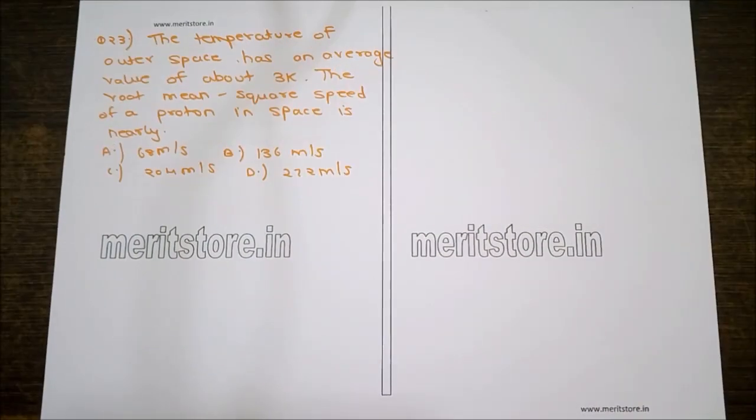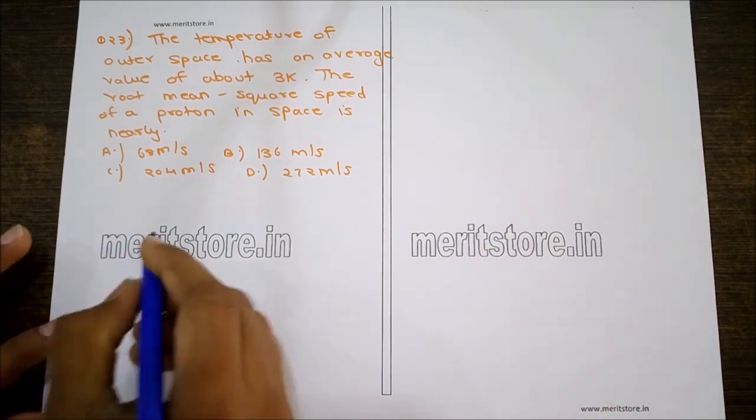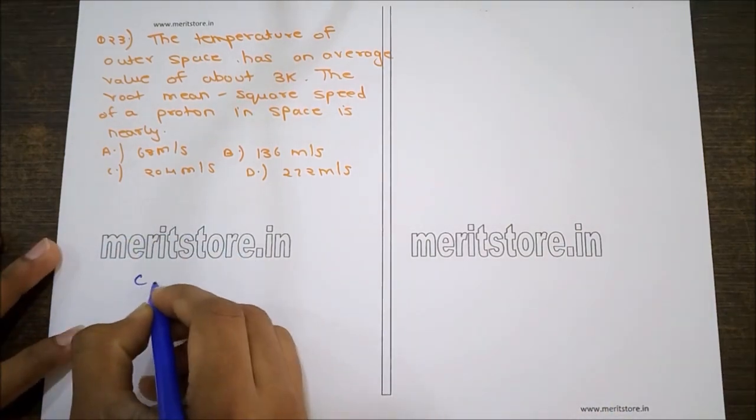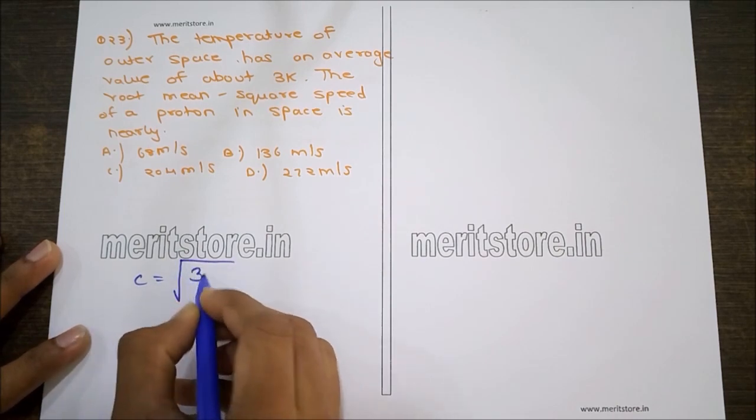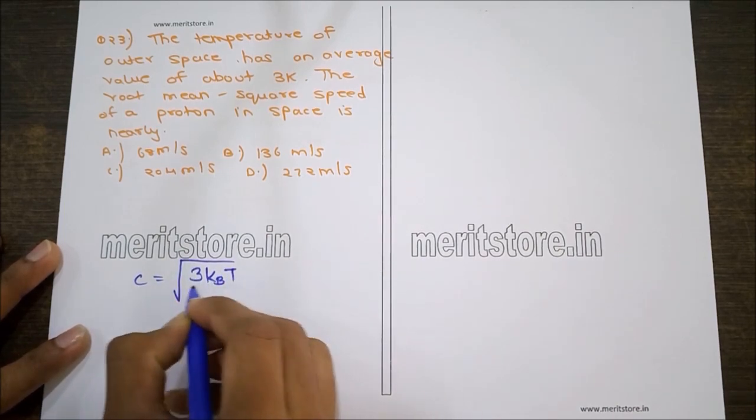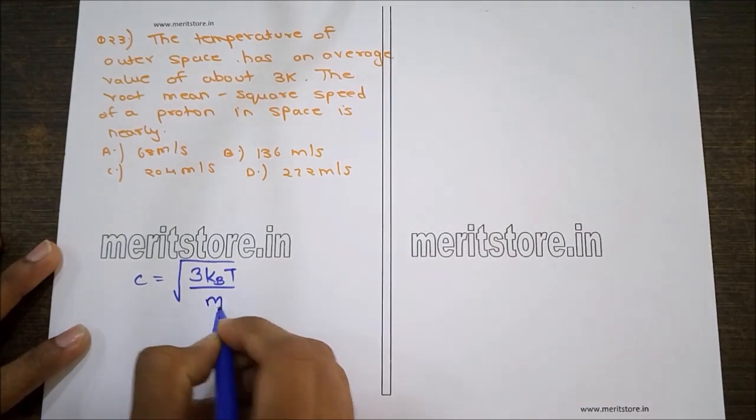The temperature of outer space has an average value of about 3 Kelvin. The root mean square speed of a proton in space is nearly, the options given are 68 meters per second, 136 meters per second, 204 meters per second and 272 meters per second. Now the value of RMS speed is given as C equals root of 3 kB T upon m.